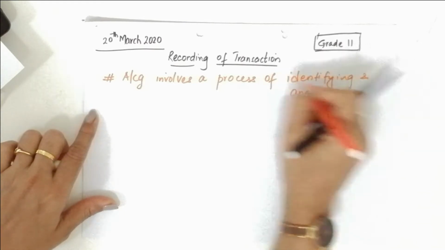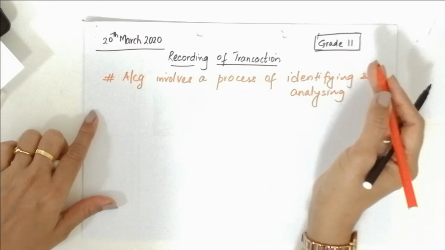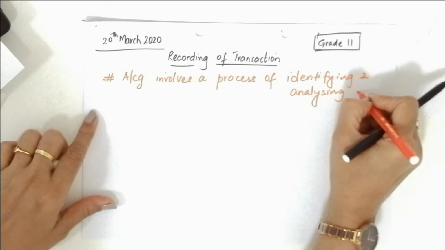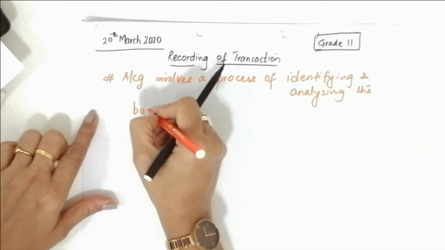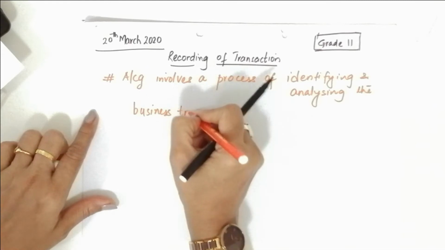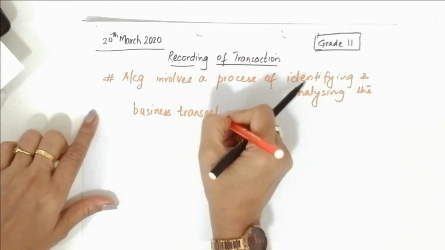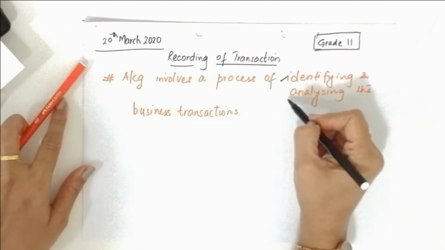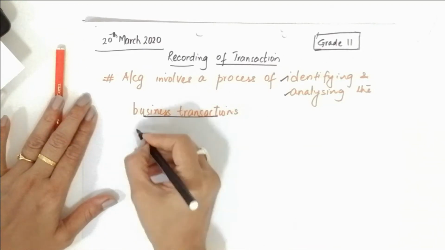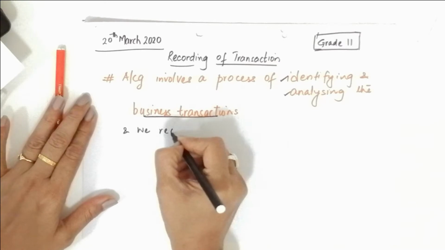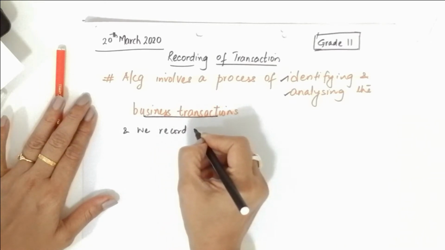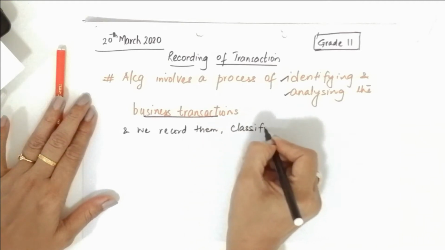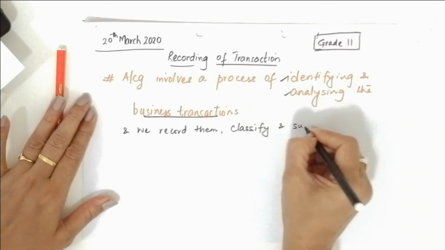We need to identify what are the transactions or what information I need to record, and analyze the business transactions. And then what do we do? We identify, we analyze business transactions, and we record them. We record, then classify and summarize.